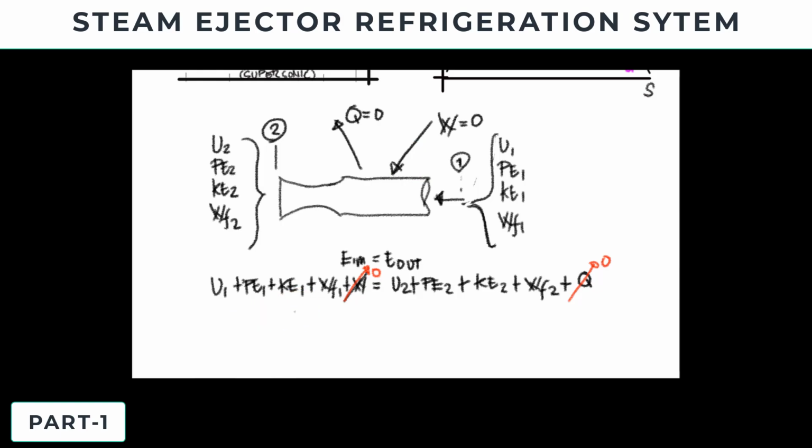So what is left is the value of my internal energy 1 plus PE1 plus my KE1 plus my flow work 1, which is equal to your internal energy 2 plus your potential energy 2 plus your kinetic energy 2 plus my flow work 2.